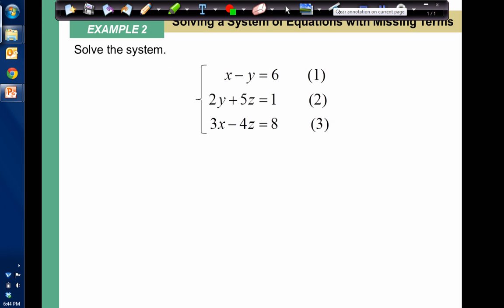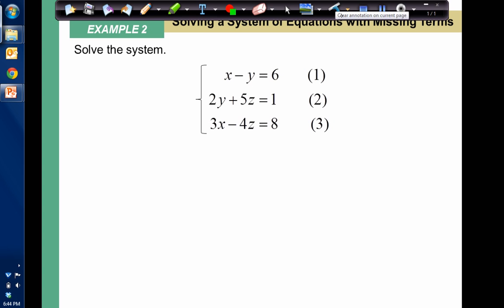So why don't we add the first two? I'm looking at this. I think the first two might be a good choice to add. So if we add them right now, nothing will cancel out. But let's hope that the y's will cancel out. So what do we need to multiply this first equation by to get these y's to cancel out right here? 2, right?